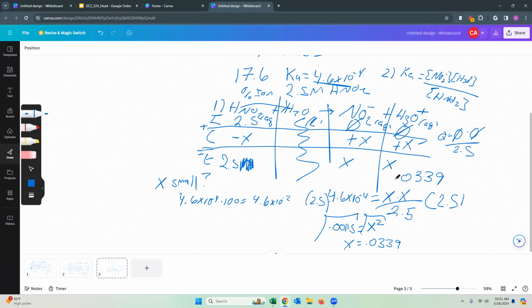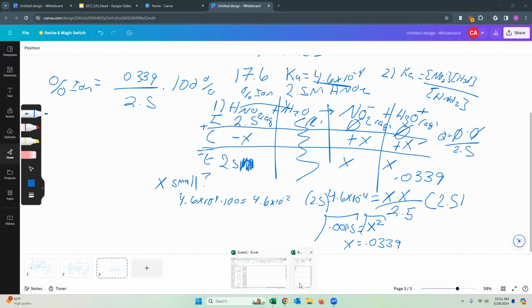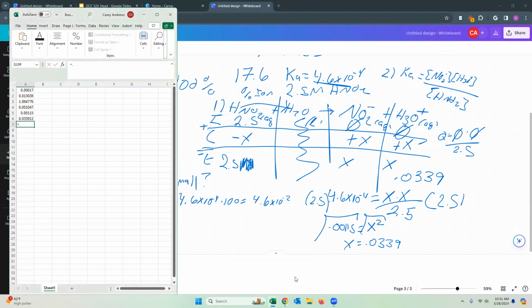All right, so now we want percent ionization. That is our H3O plus at equilibrium, 0.0339 divided by our initial acid concentration, 2.5 times 100%. So 0.0339 divided by 2.5.